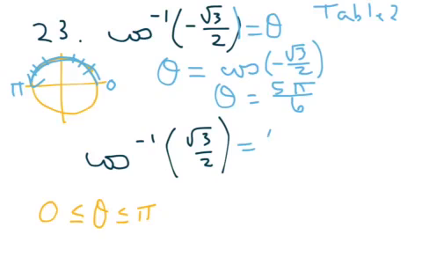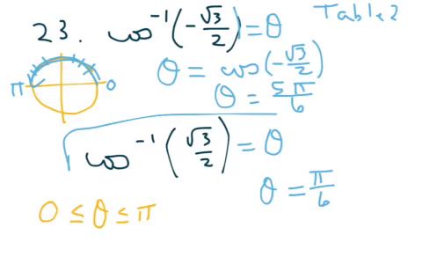In this case, we know root 3 over 2 goes to pi over 6, so theta equals pi over 6. In this case, I just knew what I was seeking. I didn't show any work. I just knew that this was the answer by looking at the table. So if you know your tables on this and you know your radians and the chart, you can go a lot faster.